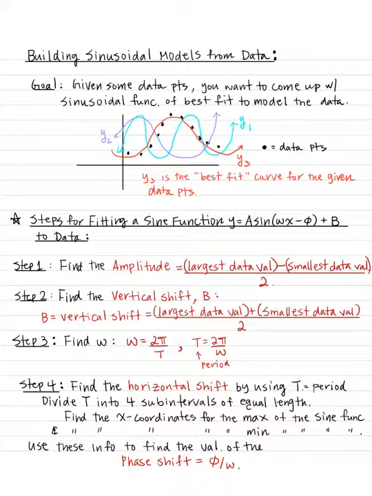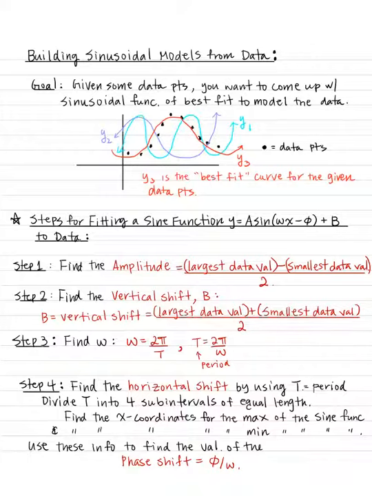Now let's go through the steps for fitting a sine function y equals a sine of omega x minus phi plus b to data. Step 1, find the amplitude. How do you find the amplitude of the given data? It would be the largest value minus the smallest data value, whole thing divided by 2.